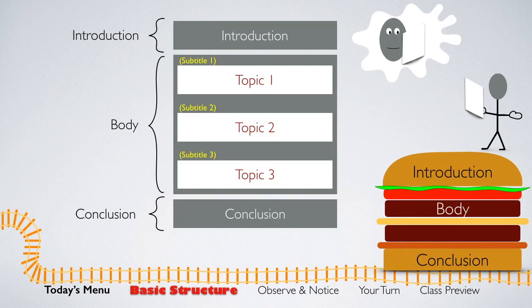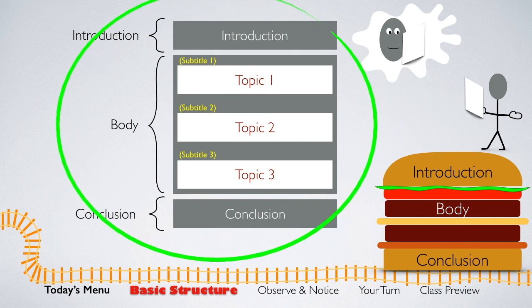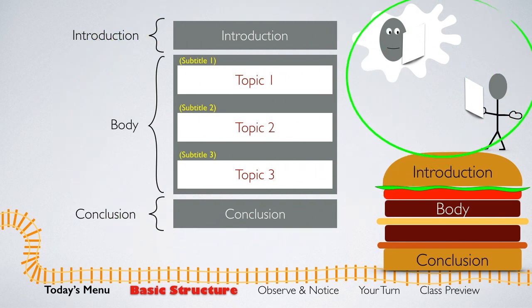A lot of the information we see here is simply a review of what we have looked at so far in this series. We've talked about hamburgers and compositions having clear structures. We've covered subtitles, as well as each paragraph having its own topic. We've also discussed the importance of considering your audience when you write.